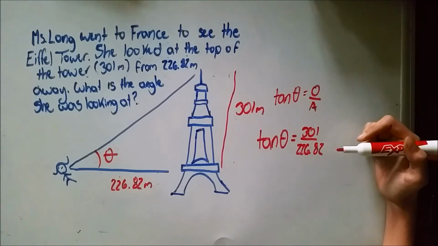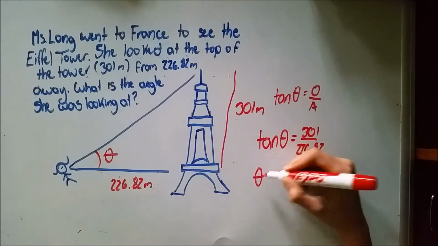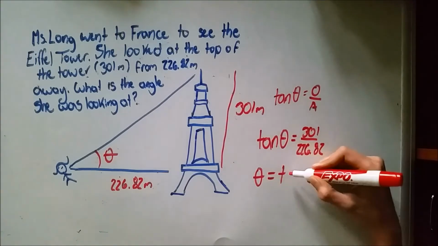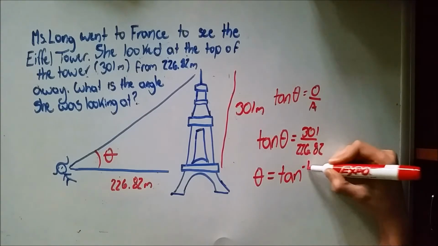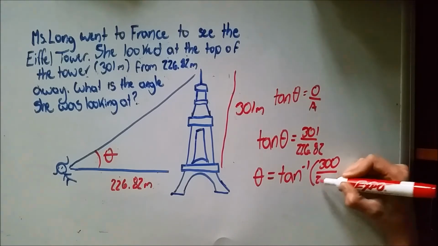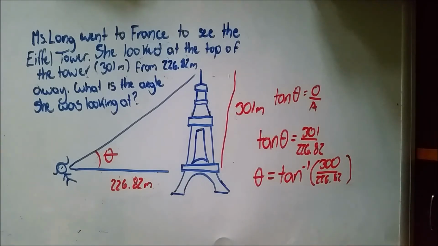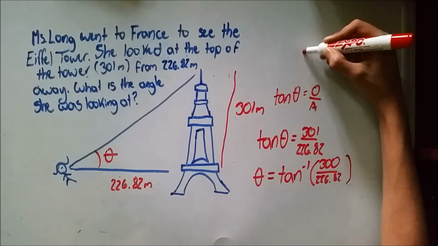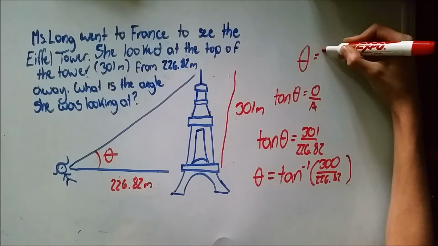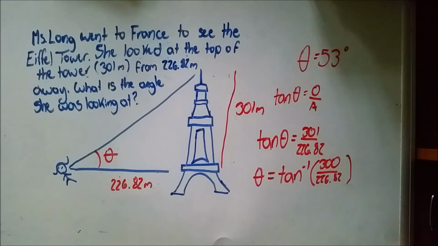To solve for the angle, we need to use the inverse of the tangent so that we leave theta alone, like so. Once you plug it into your calculator, you will find that theta is equal to 53. And that is the angle at which Ms. Long is looking to the top of the tower from 226.82 meters away.